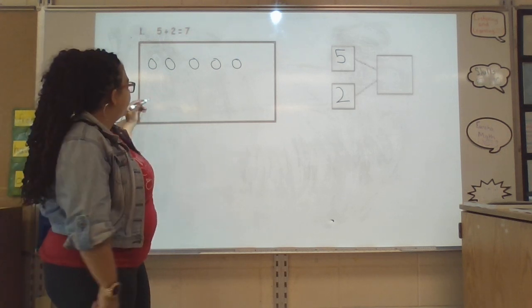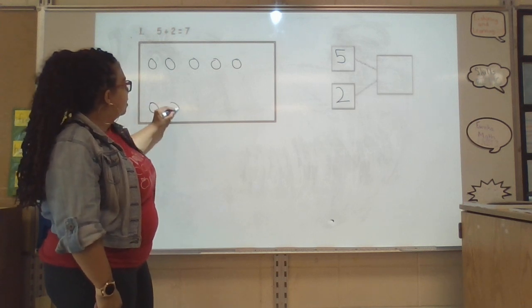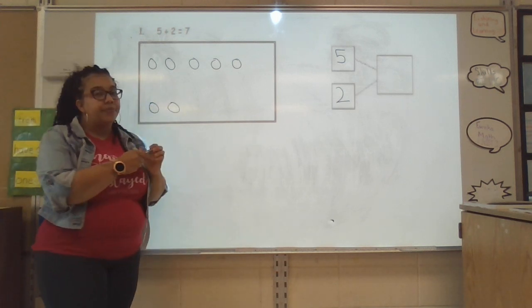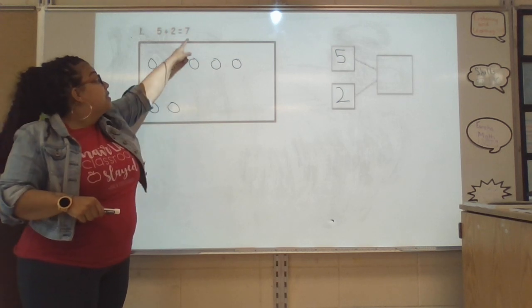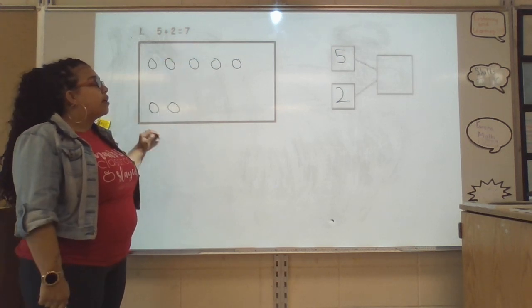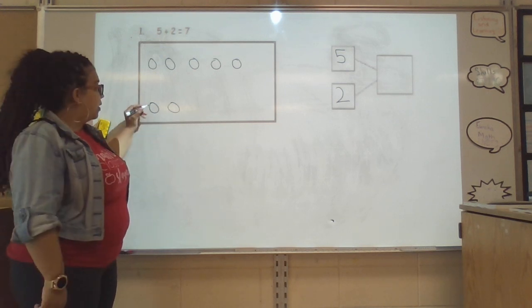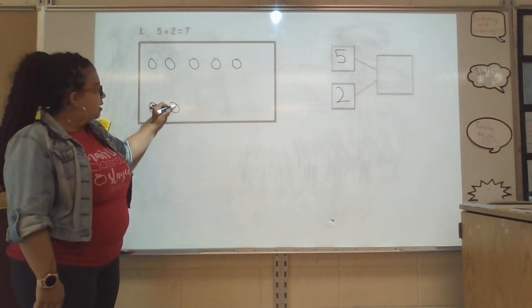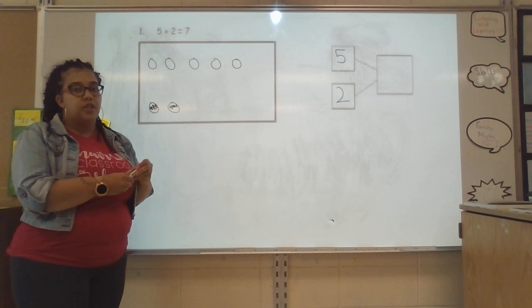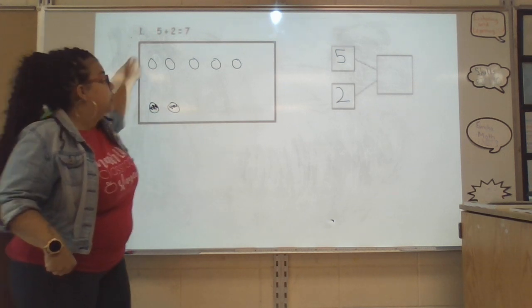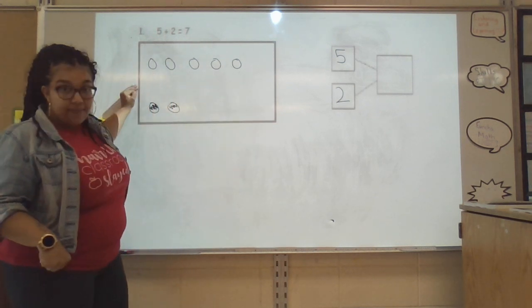So 5, 6, 7. Okay. I show my whole is 7. But do I correctly represent my parts yet? No, I need to indicate that this is my second part. So it is 5 and 2 makes 7.